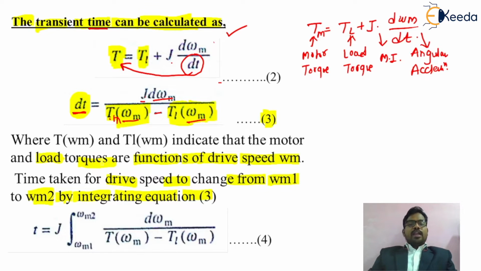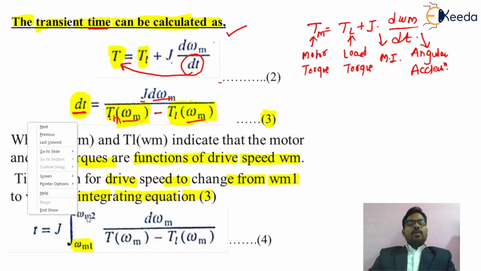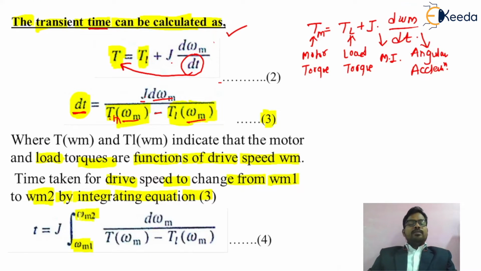What do we mean by omega m1? Omega m1 is the initial speed of your drive. What do we mean by omega m2? That we had earlier calculated, it will be the final steady state equilibrium speed. So this will be called omega m2.